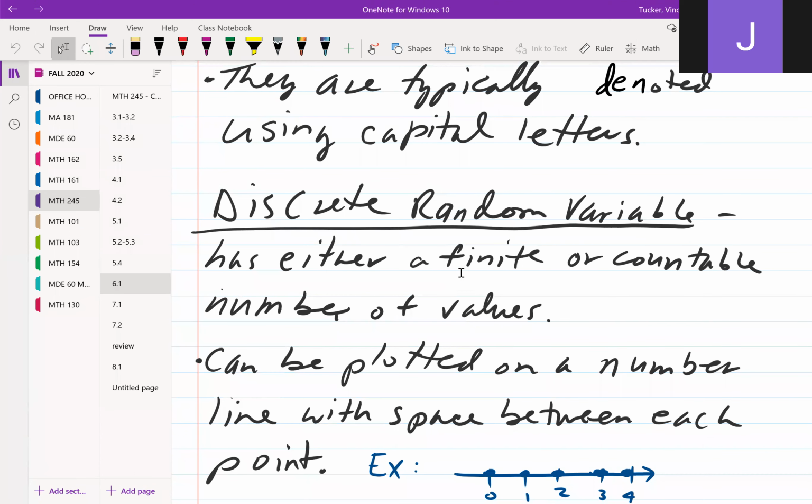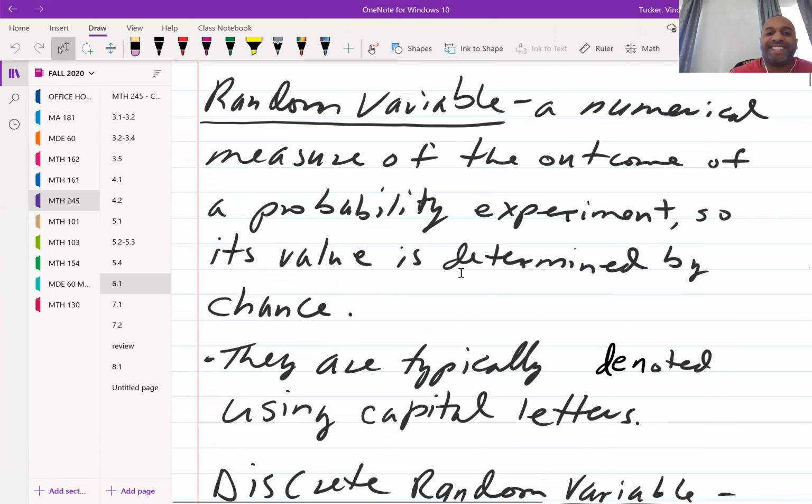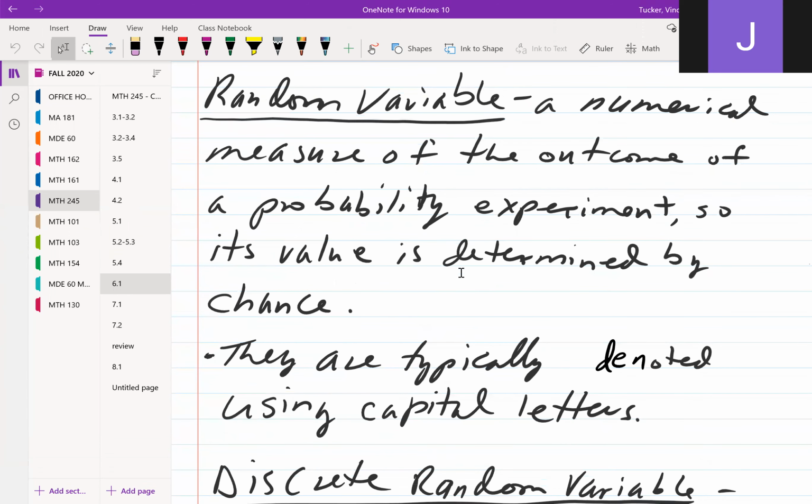Can you go back up to random variable? Yeah, right there. So let me know when you finish.